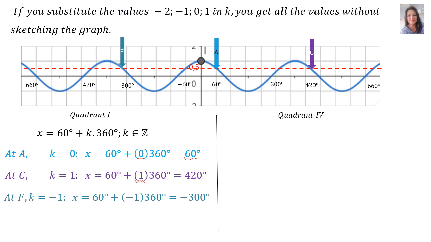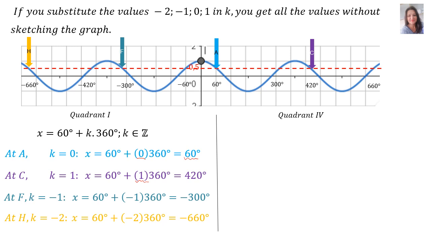At F, when we substitute k is -1, we end with the solution x is minus 300 degrees. And at H, when we substitute k is -2, we end with the solution minus 660 degrees. And then, now where are the others? The 300, the positive 660, the minus 60, the minus 420.